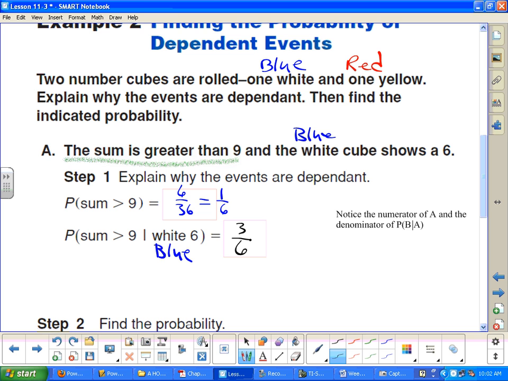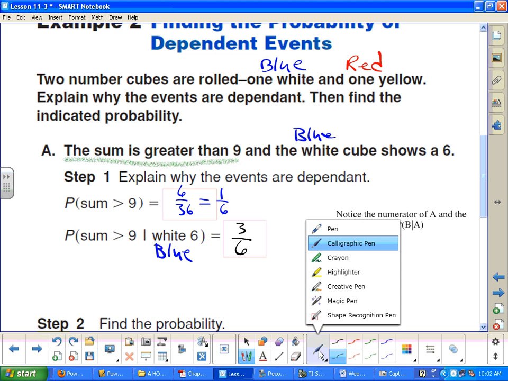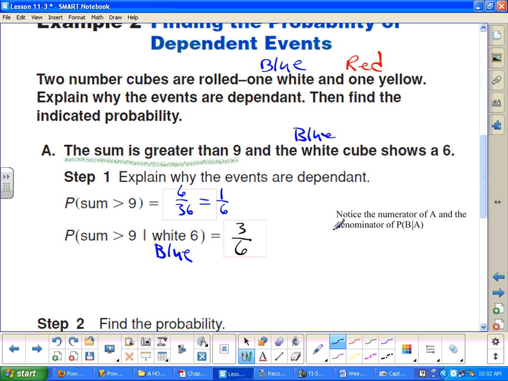And here's one thing that will always be true. This number here and this number here will always be the same.